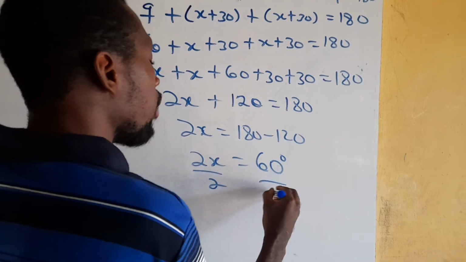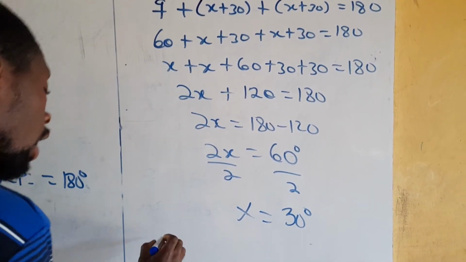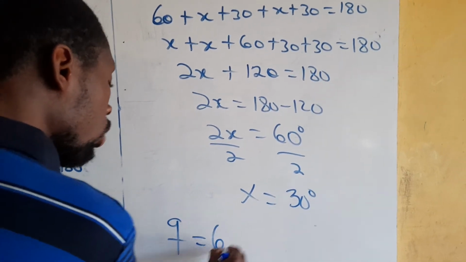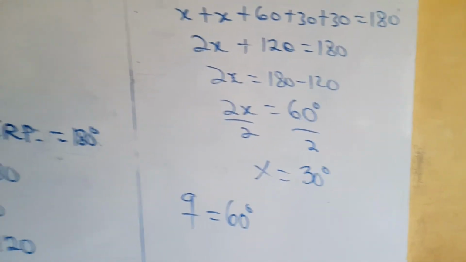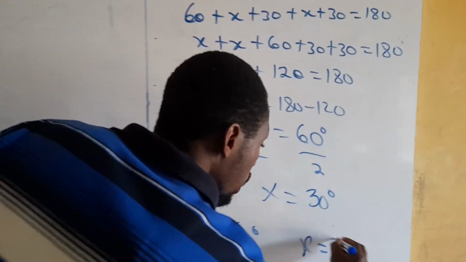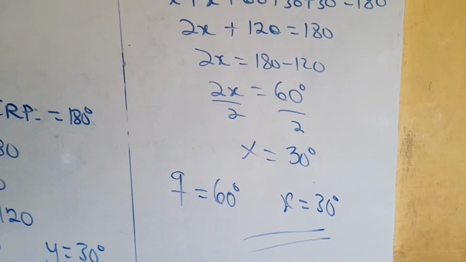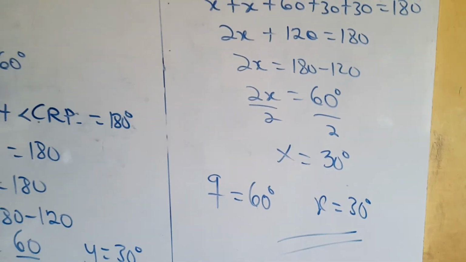On dividing both sides by 2, our x is 30 degrees. Then you can say angle Q, which they ask us to find, is 60. This one is 60. Then x is 30 degrees. I hope you understand this. Please replay the video and you'll get the concept.